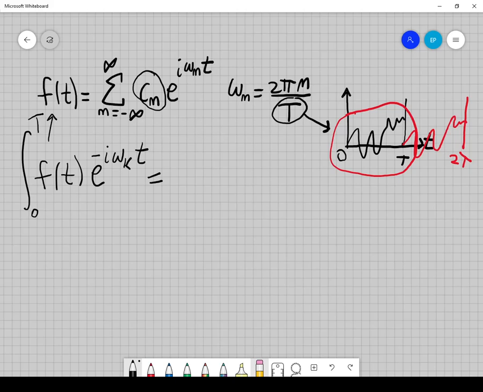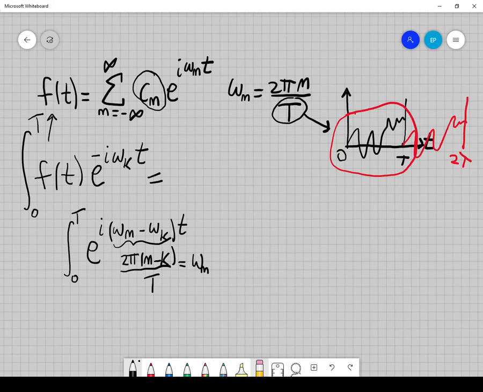So we'll have a summation, and then we have an integral from 0 to T of some complex exponentials of the kind e to the i omega sub n minus omega sub k times t, where this omega sub n minus omega sub k, we can rewrite as 2 pi times n minus k divided by T, which is simply equal to omega sub n minus k. So it can also still be written in this fashion.